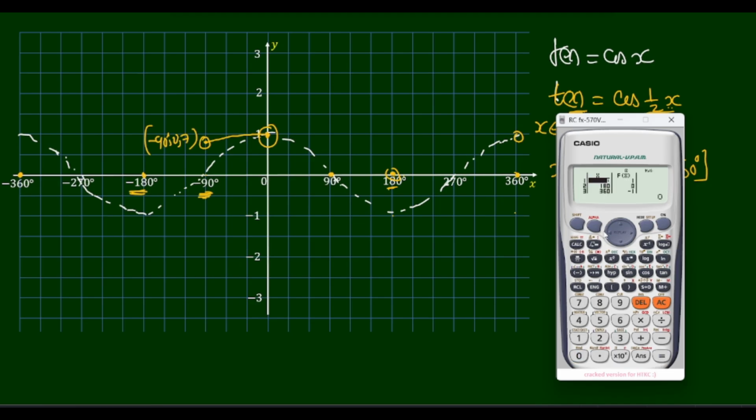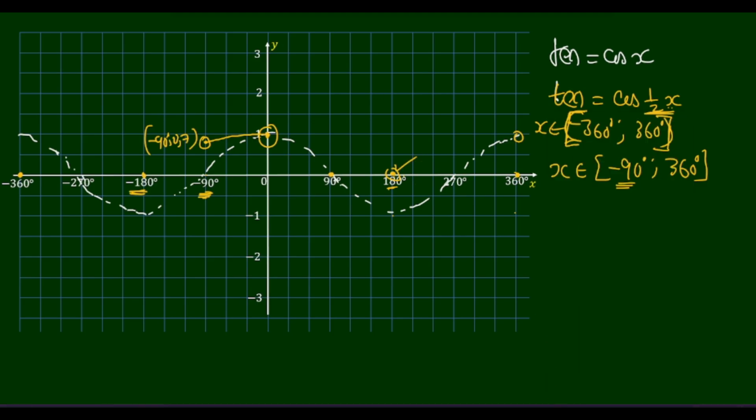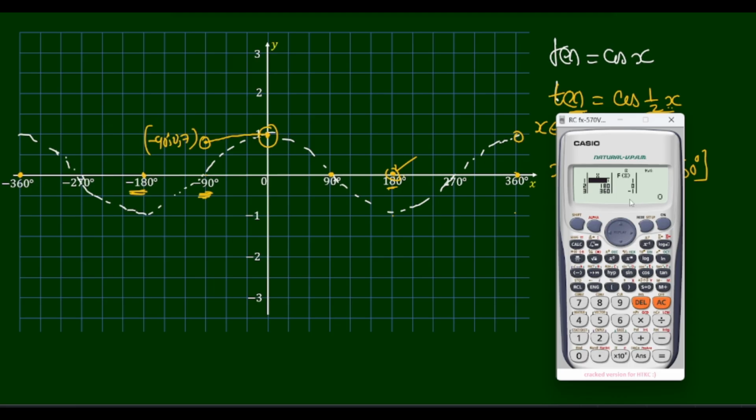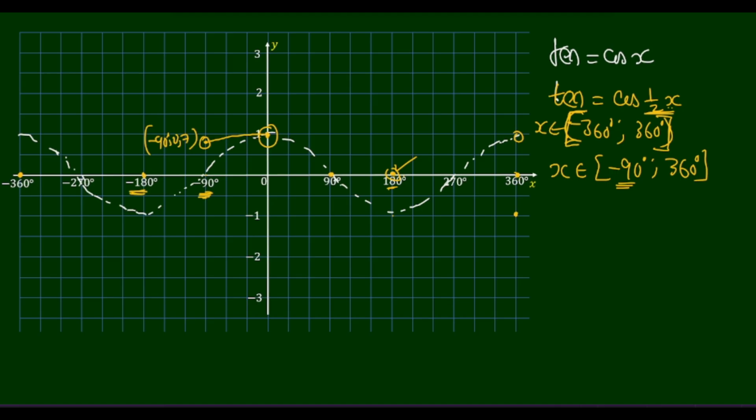You see that? So now from 0 is 1, and then at 180 it is 0, which is here, and then at 360 is -1. You see that? And then you can just plot your graph, continue plotting your graph like this.